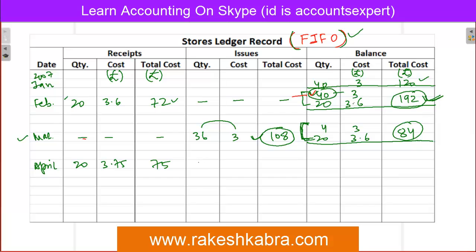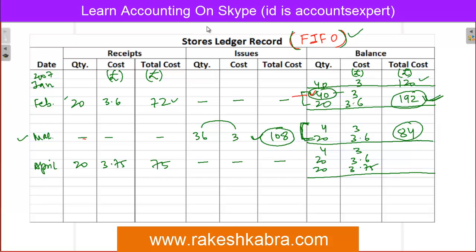And there is no issue in the month of April. So now what is the status of stock? Now this time we have inventory of 3 different rates. 4 units we already have of rate 3, then 20 units of rate 3.6, and now new 20 units we purchased, the rate is 3.75 this time. Getting my point?